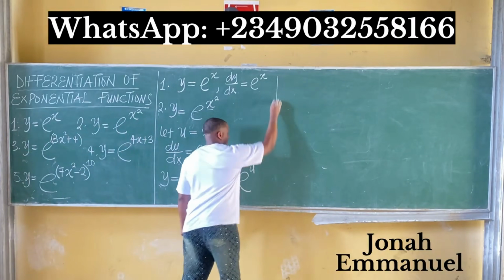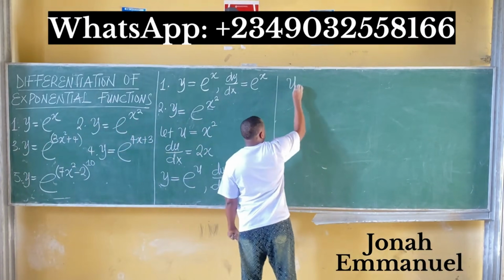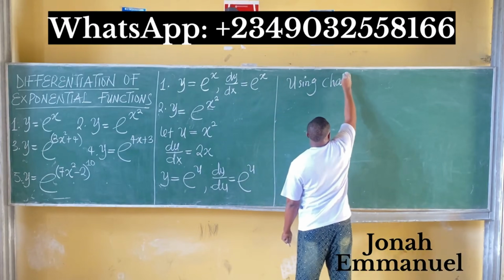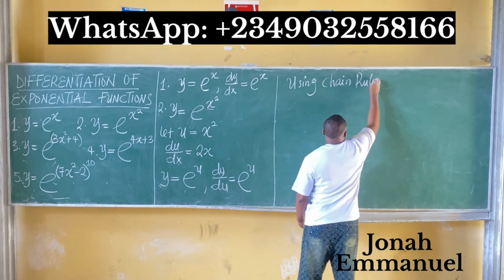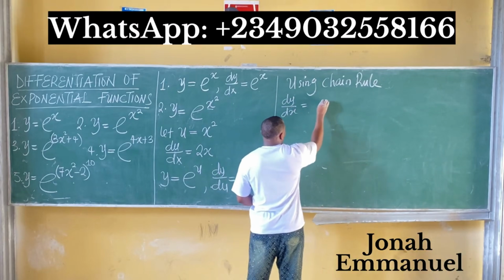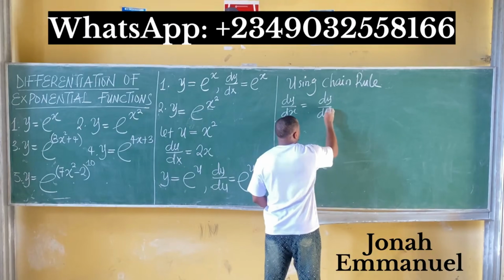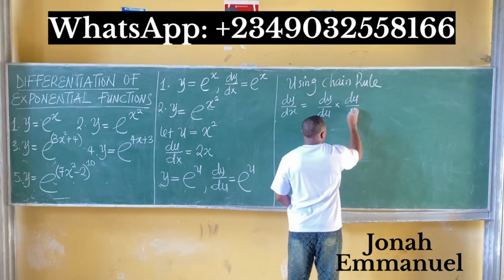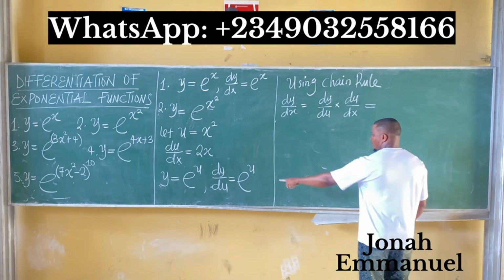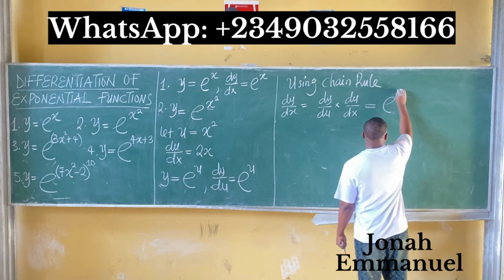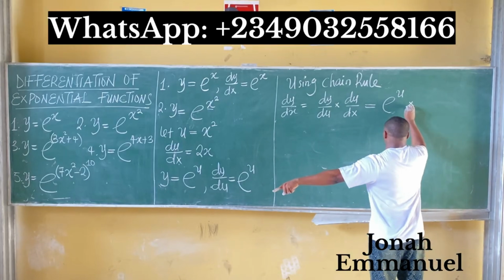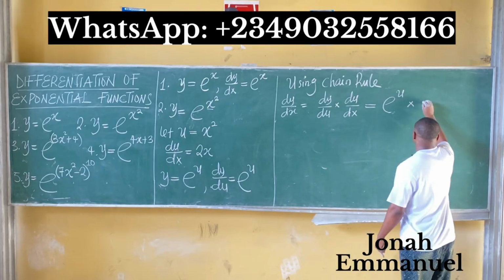Please give me the chain rule formula. Using chain rule, dy/dx is equal to dy/du times du/dx. What's dy/du? Exponential u. Times what's du/dx? 2x.